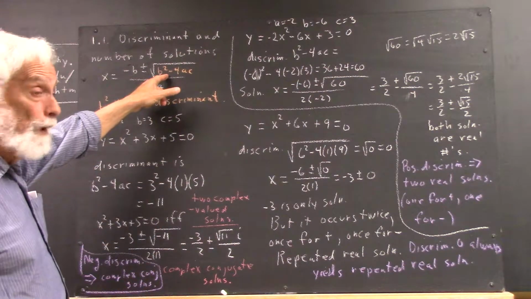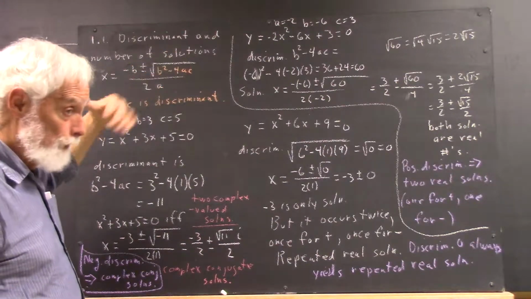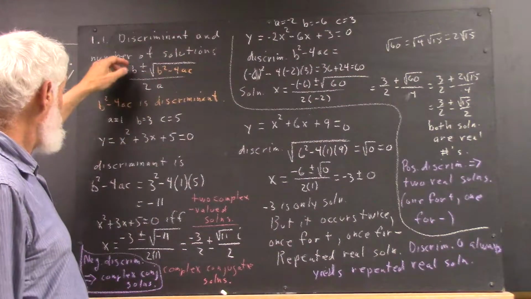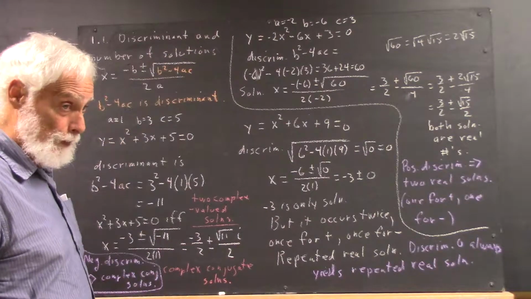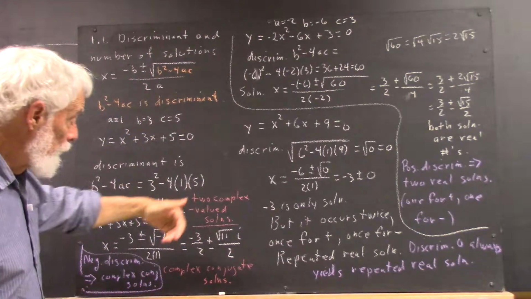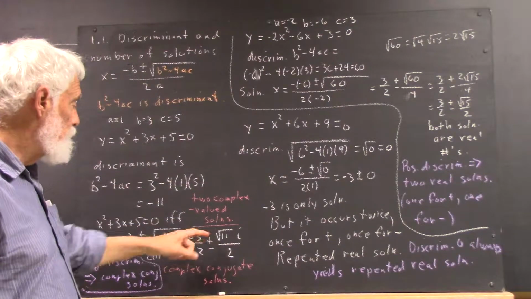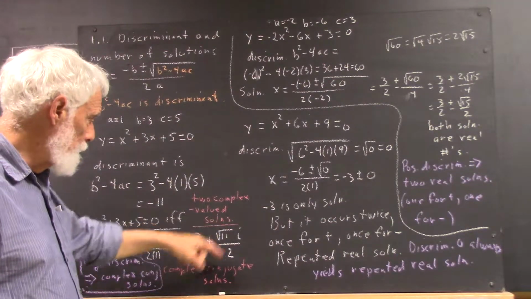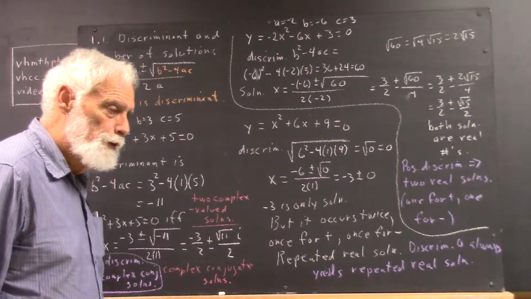Again, if this number is negative, then its square root is an imaginary number, and we're going to have a real number plus or minus an imaginary number over a real number, which gives us a real number plus or minus an imaginary number. And it's the same imaginary number that we plus and minus, which makes the solutions complex conjugate.